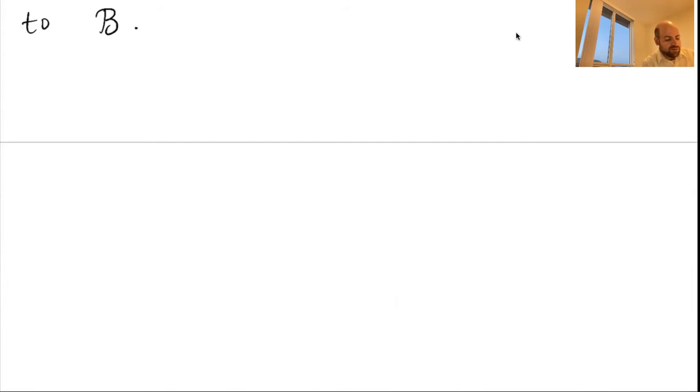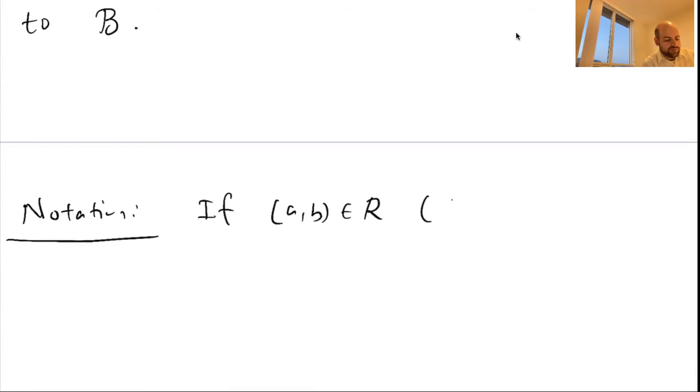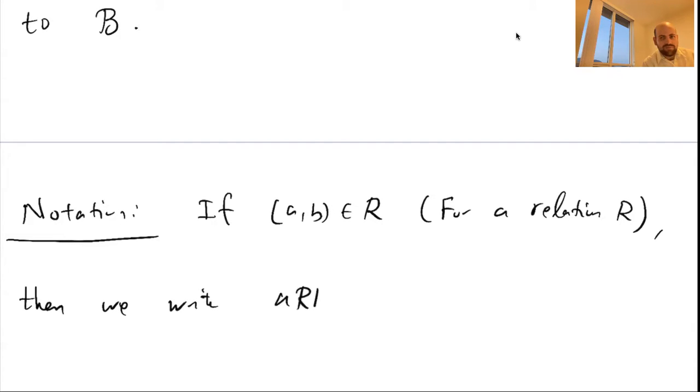Okay, so one notation that we use is that if a and b belong to R, for a relation R, then we write aRb.